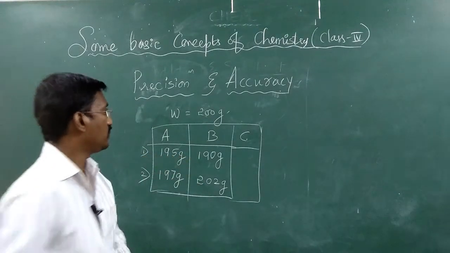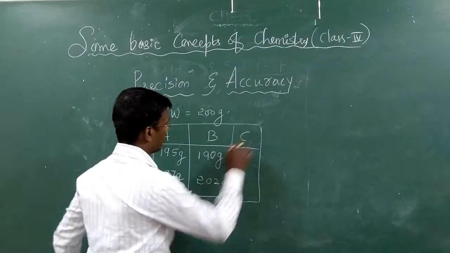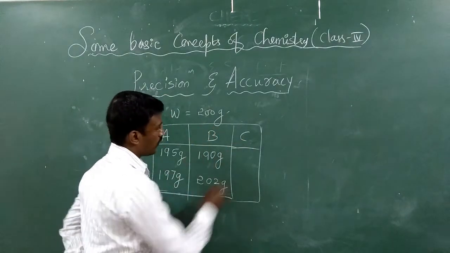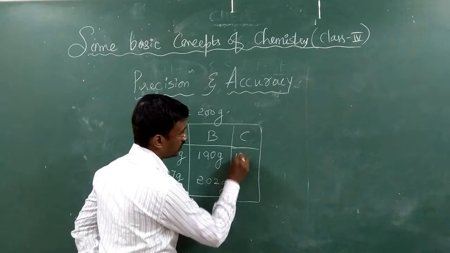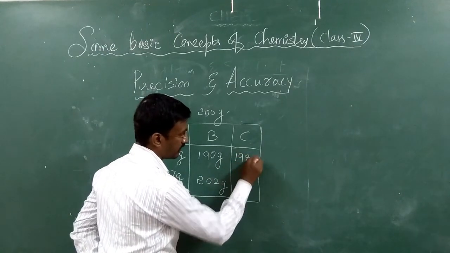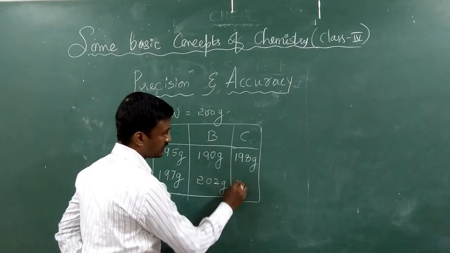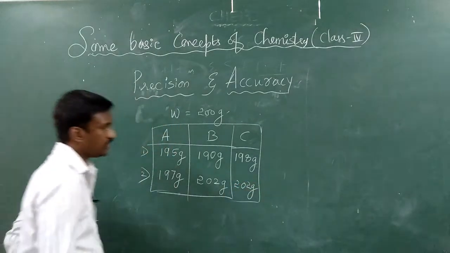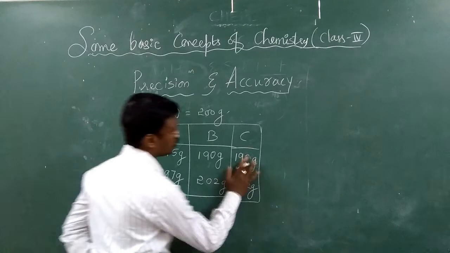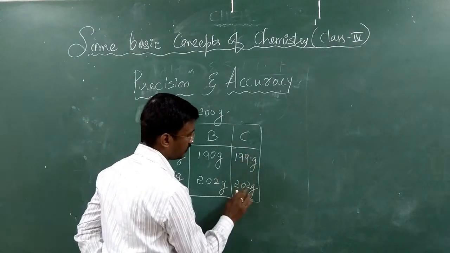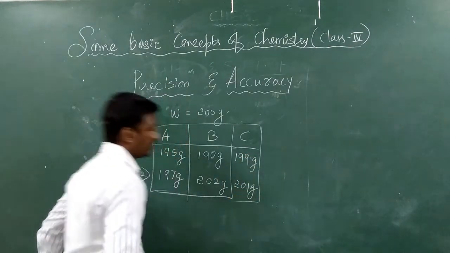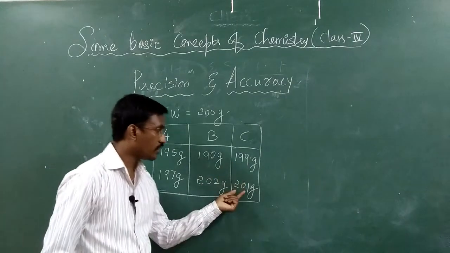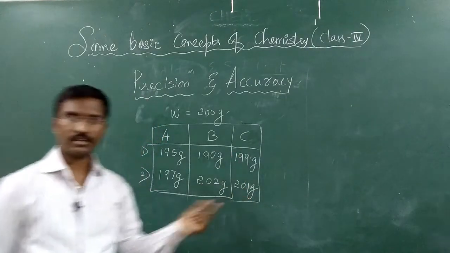Same thing, person C calculated the weight of the watch as 198 gram initially, and the second time he is saying 202 gram. Can you see here? Otherwise, you take 199 and 201. These are near to each other, isn't it?